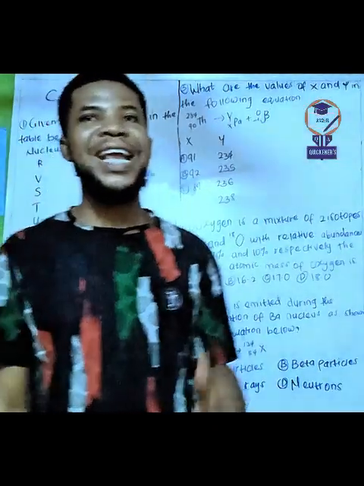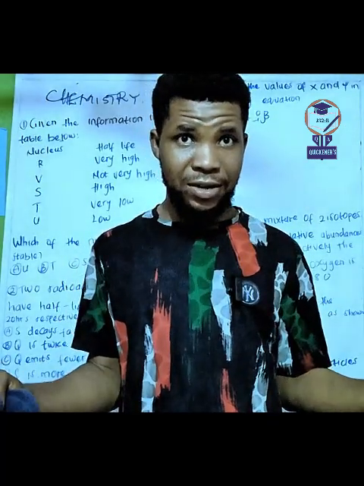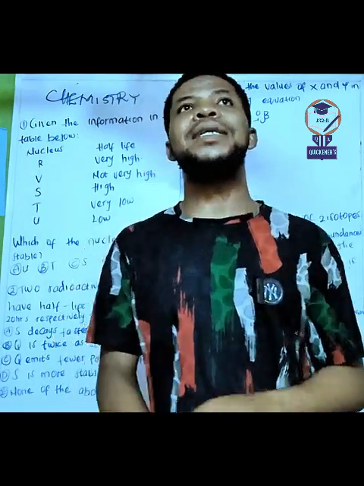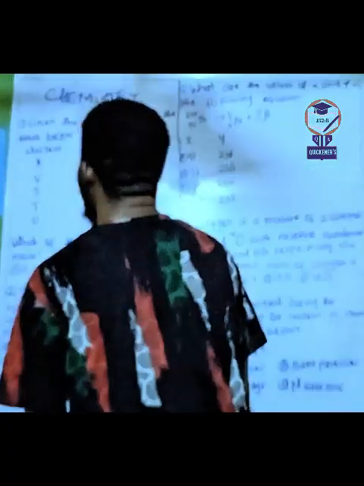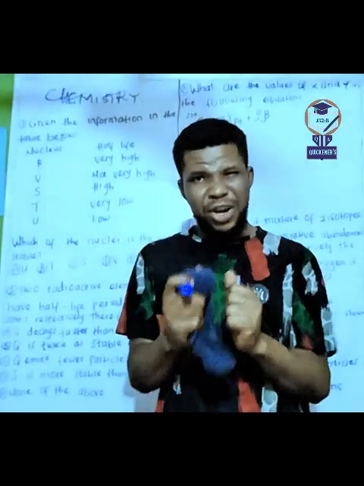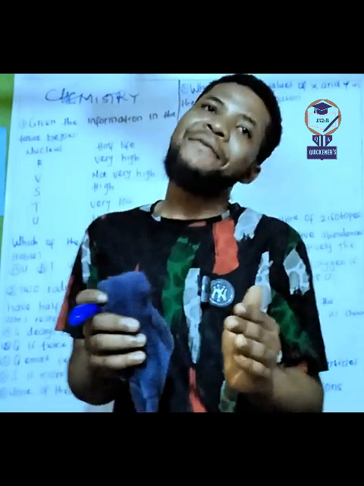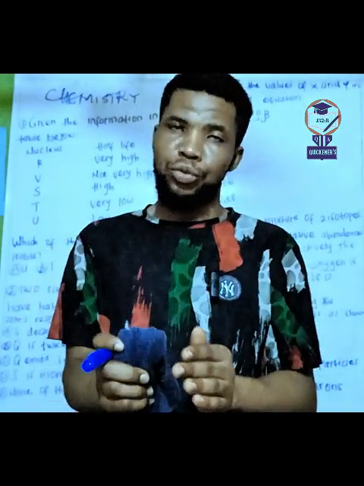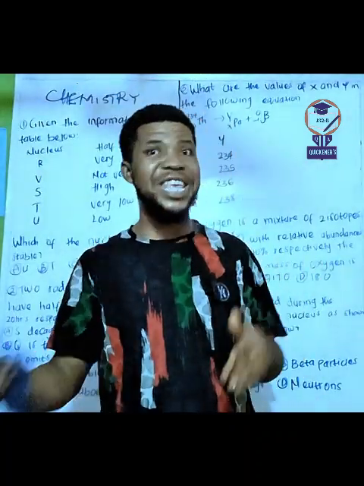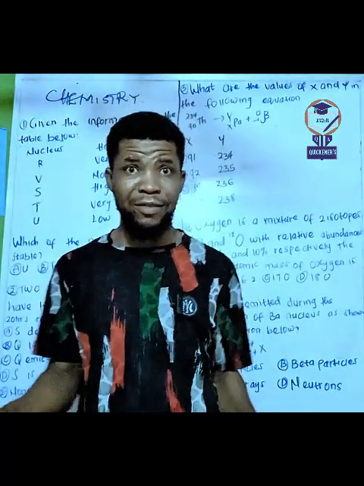So if they have very high half-life, it simply means the half-life is very large in number. If it has low half-life, it means the half-life is low. That is to say, a nucleus that is very, very stable tends not to have any half-life because it will not disintegrate. If you have a nucleus that is not too stable, it will have a half-life, but it will take a very long time before it decays, or disintegrates rather.